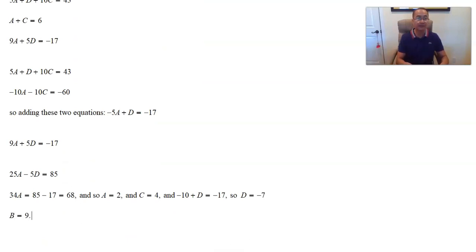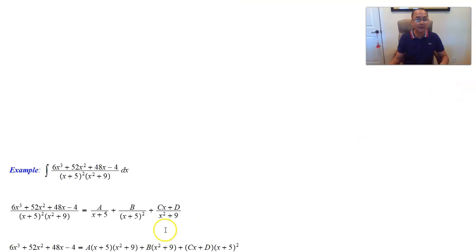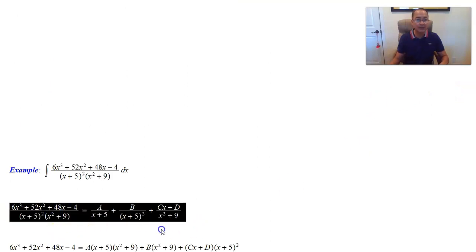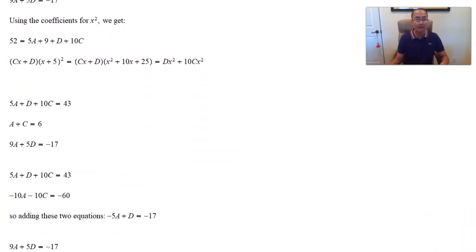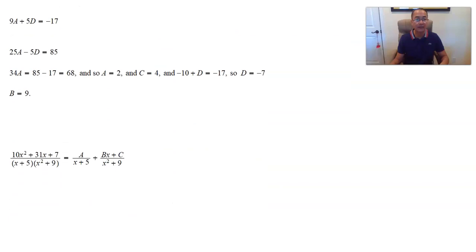b is 9. Okay, so we have the 4 coefficients, and we are now ready to plug them back into our expansion. So let's take this, and let's plug in our numerators, and let's see how to do the integration term by term by term.